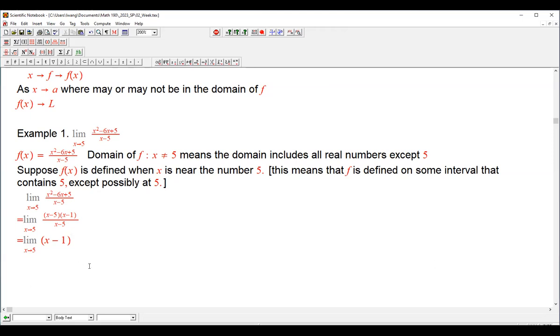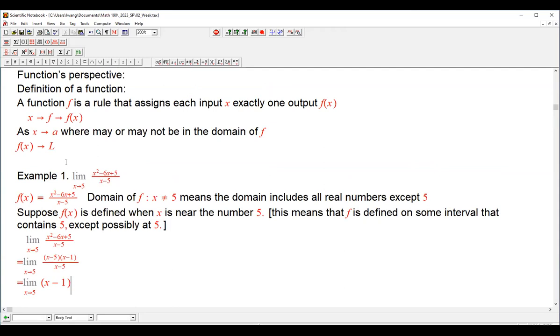And then what do we do? This week we learned one definition and we also learned a theorem. So I'm going to put that theorem right here. That important theorem, we call it the direct substitution theorem.